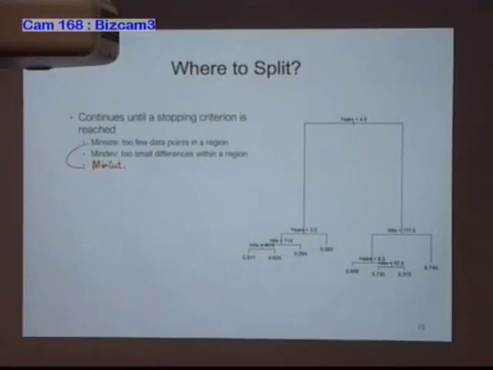The min cut says even if the parent is big enough and you are allowed to further split it, the resulting two children may not be symmetric. You may have one child with 1 point, the other child with a lot of points. That's also not allowed. So you can set a constraint on min cut. Min cut says the resulting two children should have at least this many points.